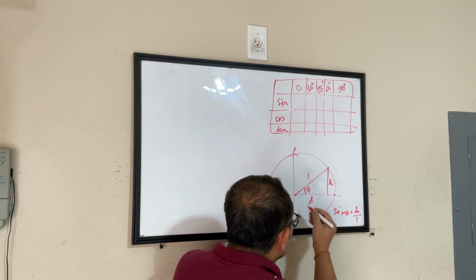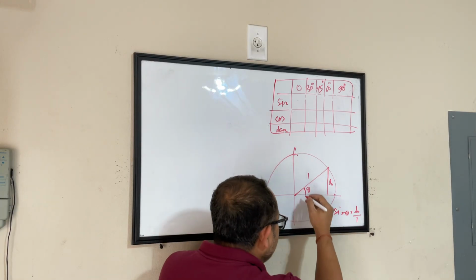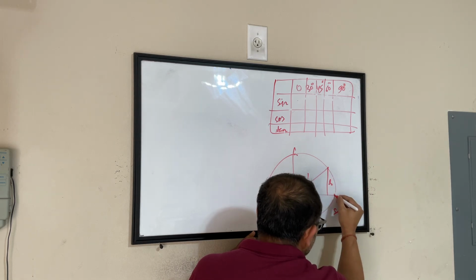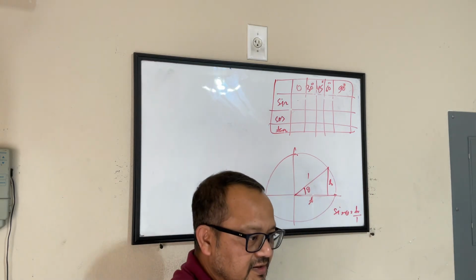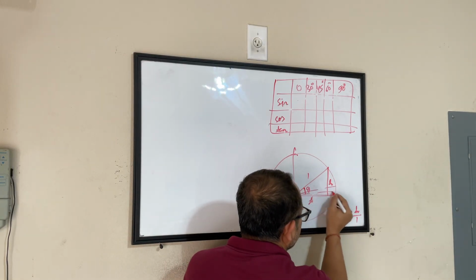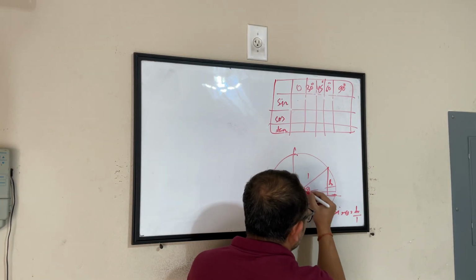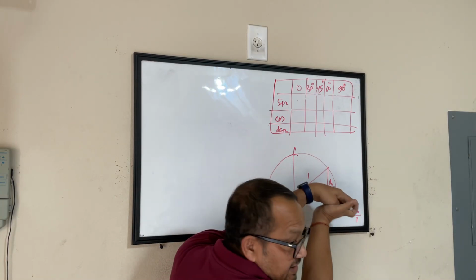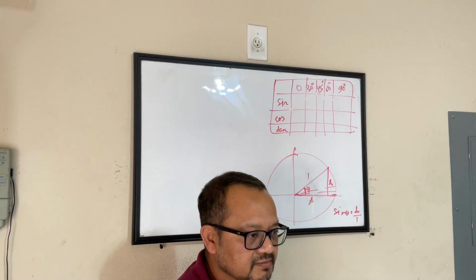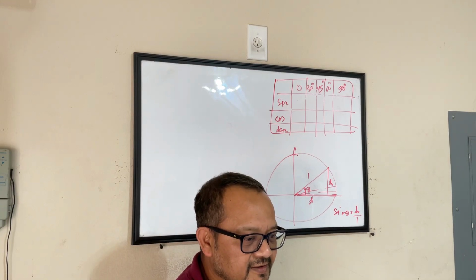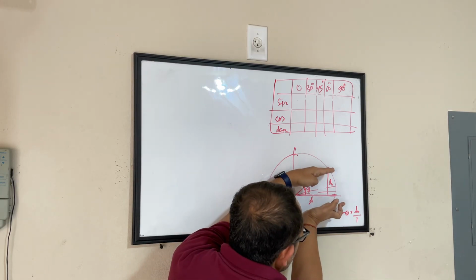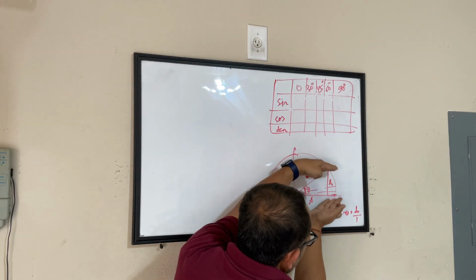Now here when theta is 0, what is happening? When will theta become 0? When this point is actually coinciding with this horizontal axis, isn't it? That is when this angle will become 0, right? See, the angle is reducing. When will this angle become 0? When this line and this line coincide. What will happen when these two lines coincide? Let me give you a clue. What happens to your h?